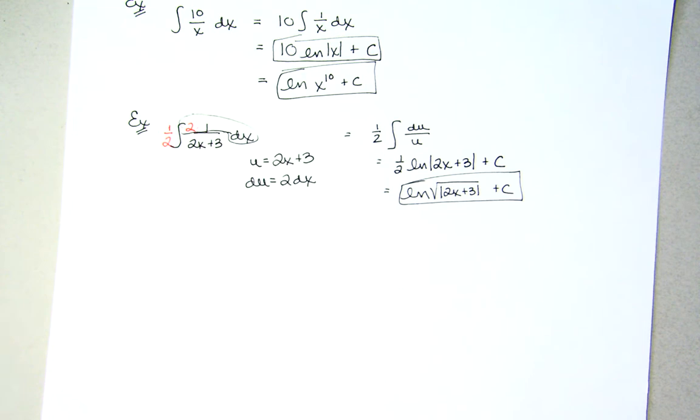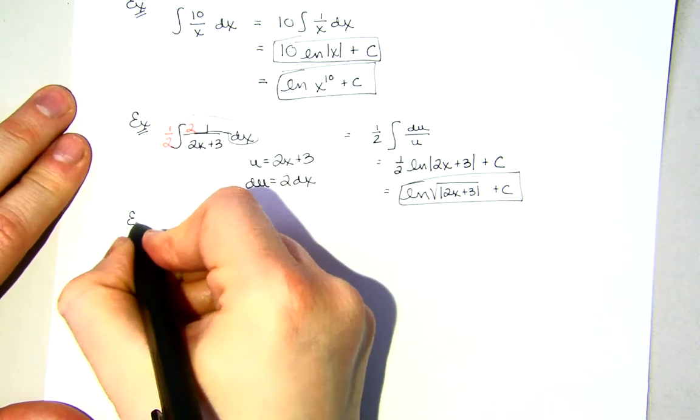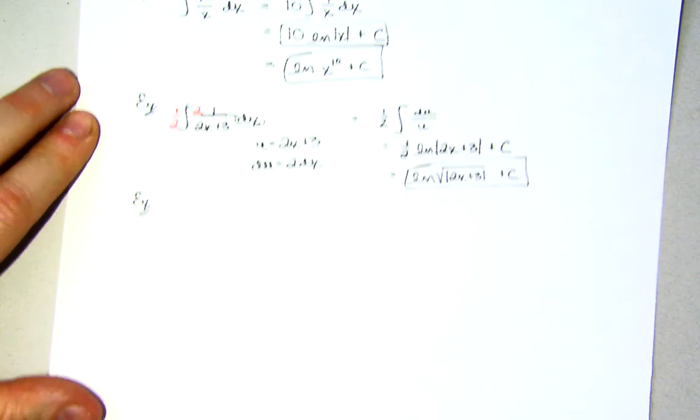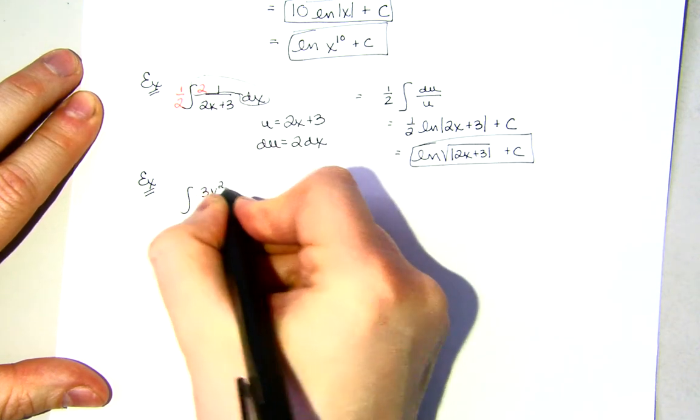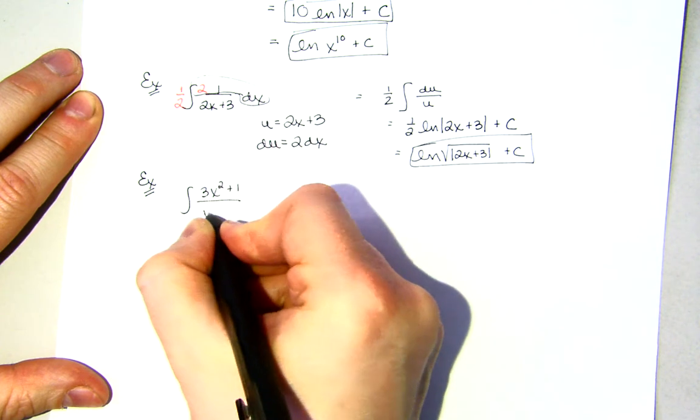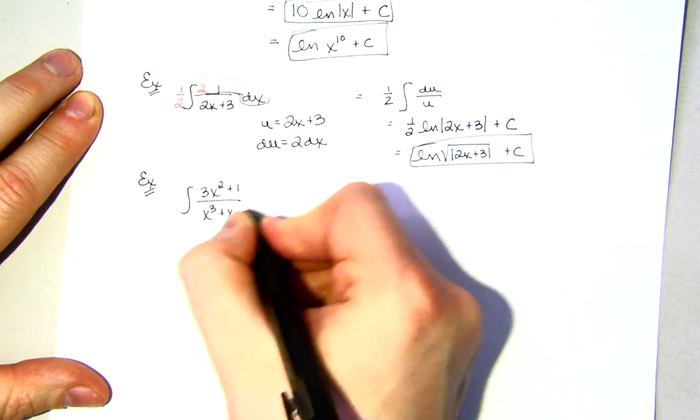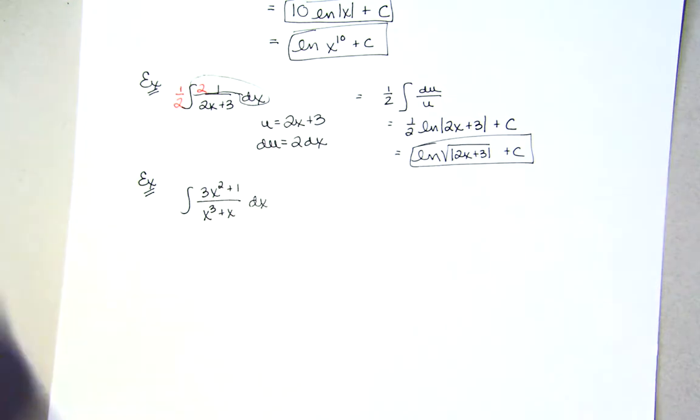Okay, so let's try another. Let's try the integral of 3x squared plus 1 over x cubed plus x dx. And I'd like to see if you can figure out u and du.